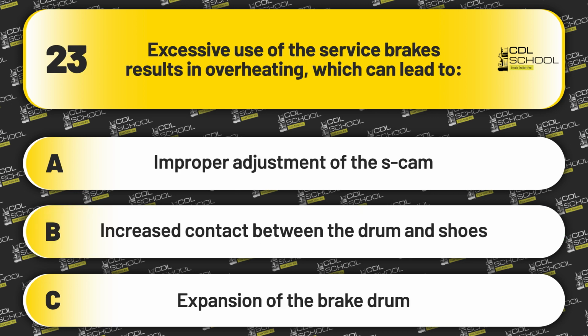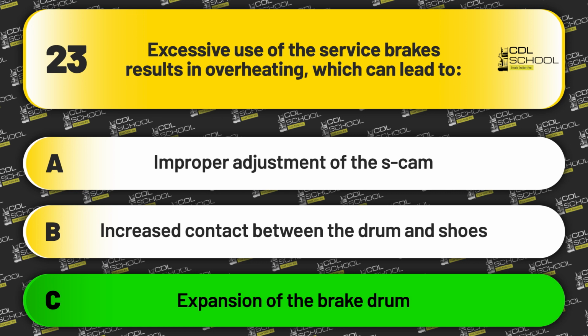Excessive use of the service brakes results in overheating, which can lead to A, improper adjustment of the S-cam, B, increased contact between the drum and shoes, C, expansion of the brake drum. The correct answer is it can lead to expansion of the brake drum.